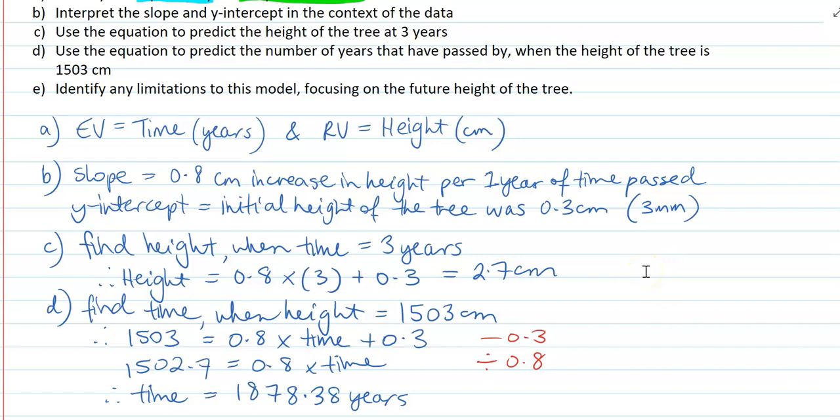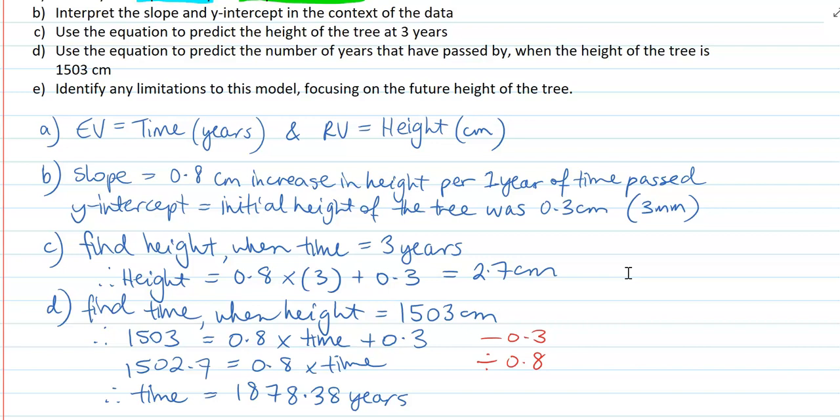For part E, it wants me to identify any limitations to this model, focusing on the future height of the tree. So if you think logically about living things, and we know from ecological studies that trees can live for thousands of years, but as we all know, living organisms have a finite lifespan, so we die at some stage.